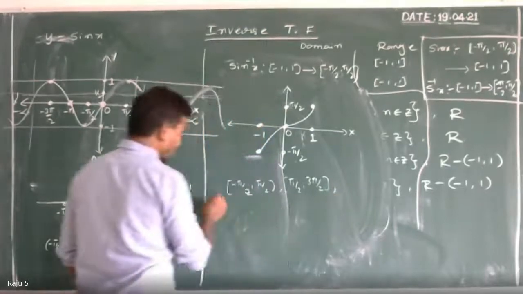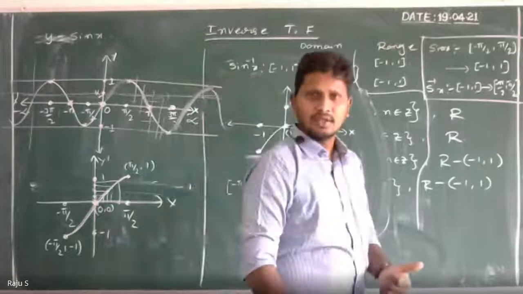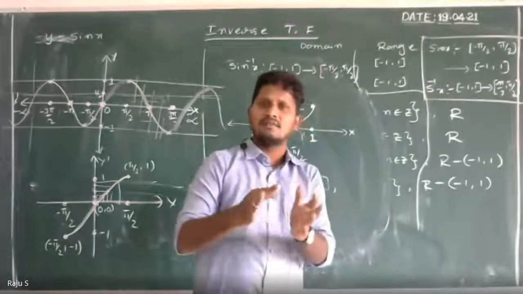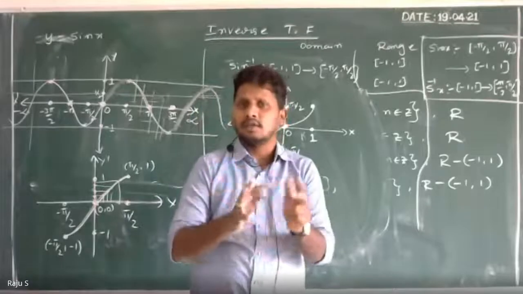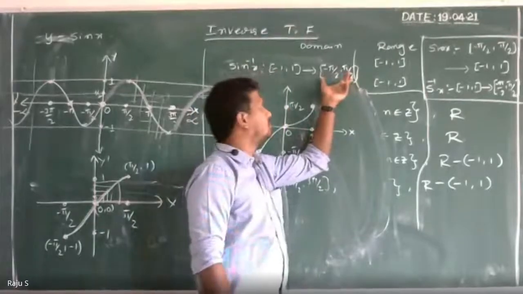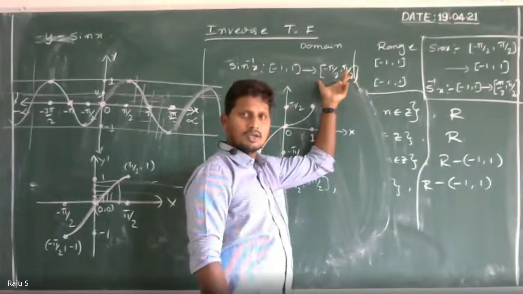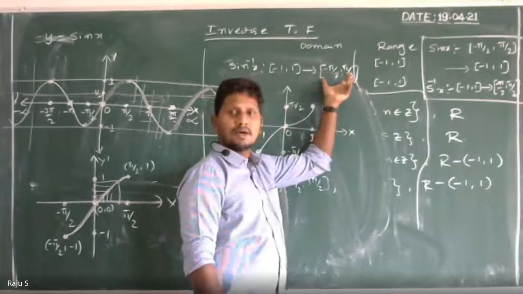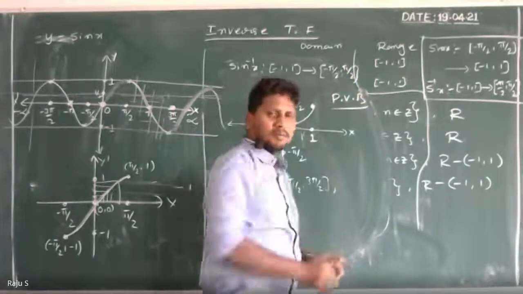Not only that, even minus 90 to minus 270, minus 270 to minus 450. Like that, for each and every interval the sine inverse exists, but it is better to take minus 90 to 90, and this branch is called the principal value branch. Simply remember that, PVB.